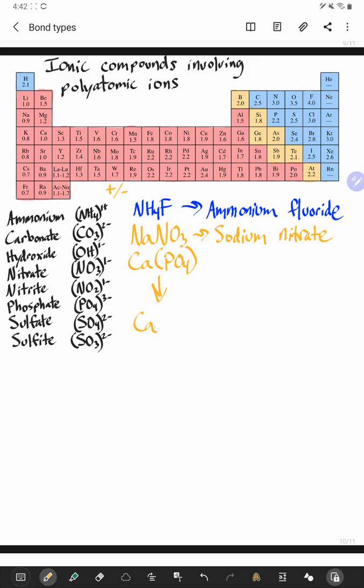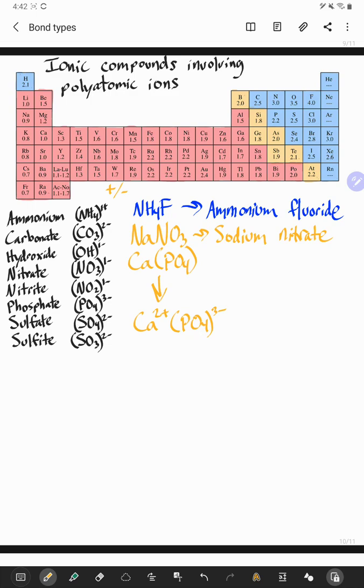So calcium, what charge does calcium form? What charge does calcium always form? It always forms a positive 2 charge. Phosphate, PO4, 3 minus, just by what it is, we know that it has a negative 3 charge.